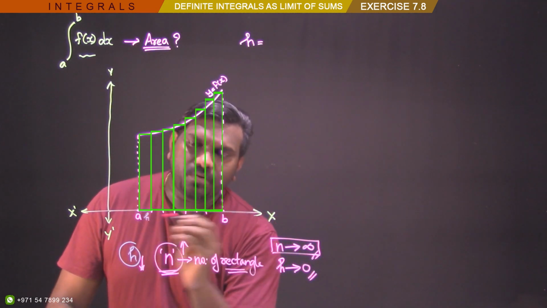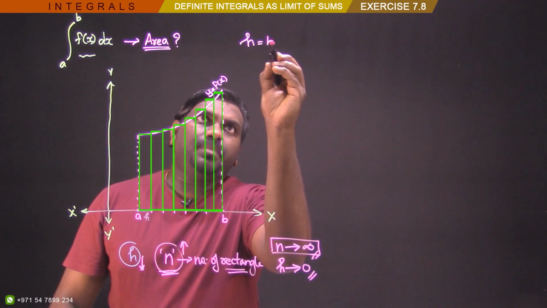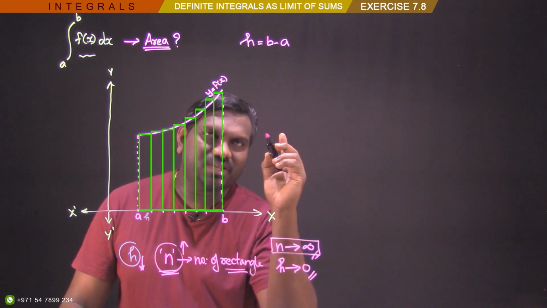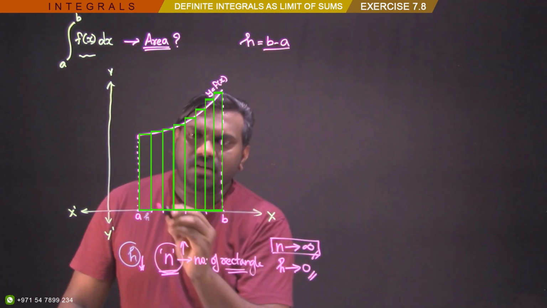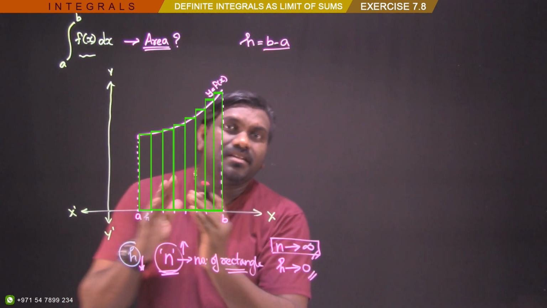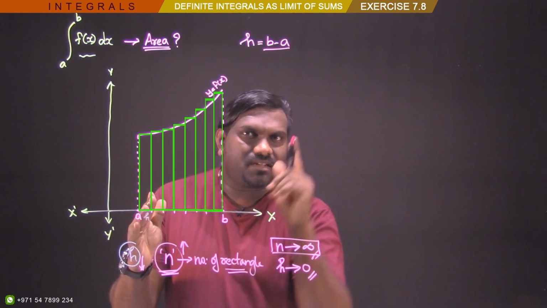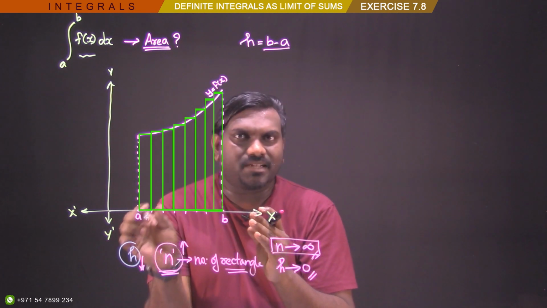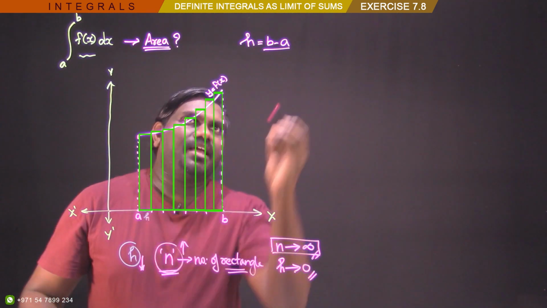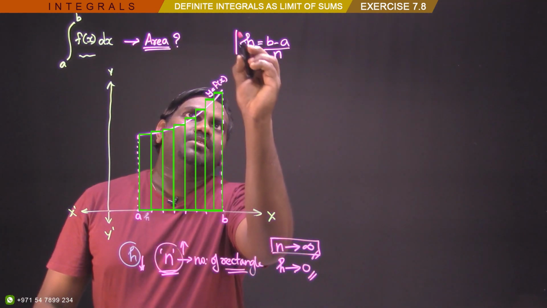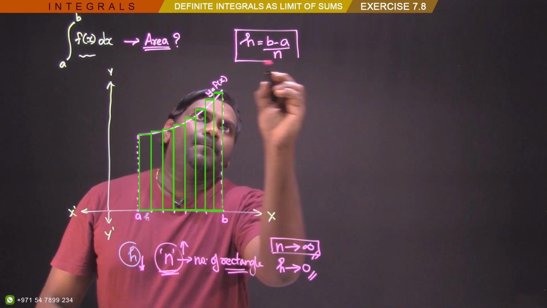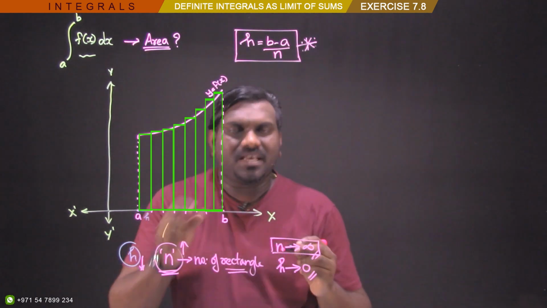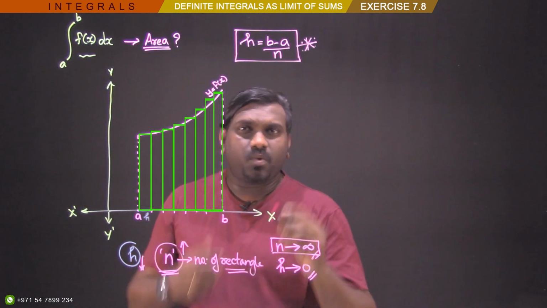So what do I need to do? I need to do b minus a, final minus initial, divided by how many divisions? This is the number of rectangles, isn't it? Number of rectangles divided into the length, you will get h. What is the number of rectangles? N. So h equals (b minus a) by n. This equation is so important, dear, just keep it in your mind. This one is very handy.